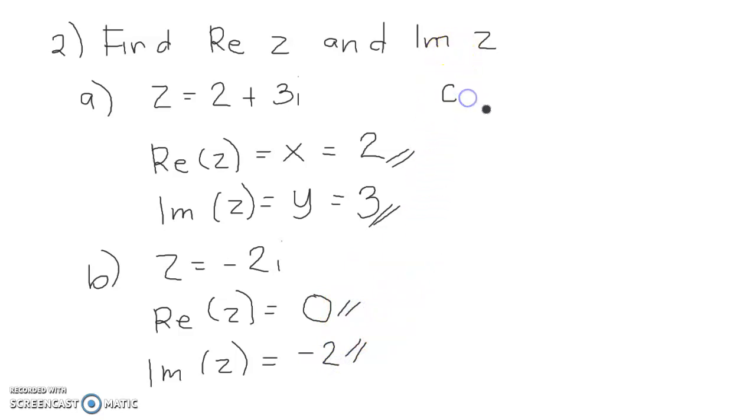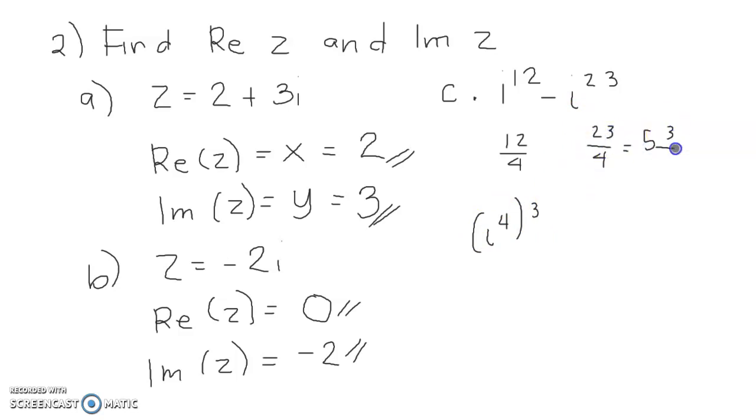For letter C, the given is i raised to 12 minus i raised to 23. And for i raised to 12, that's 12 divided by 4, so 3, meaning we have i to the 4th to be cubed. Then for 23, that's 23 divided by 4, that is 5 and 3/4, meaning we have 3 as a remainder.